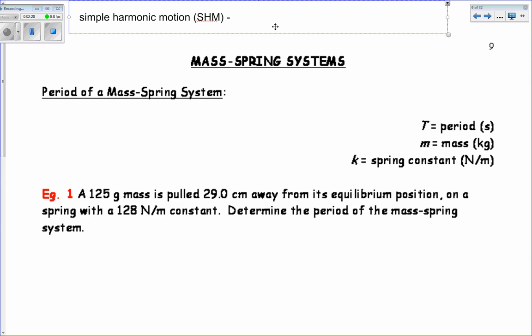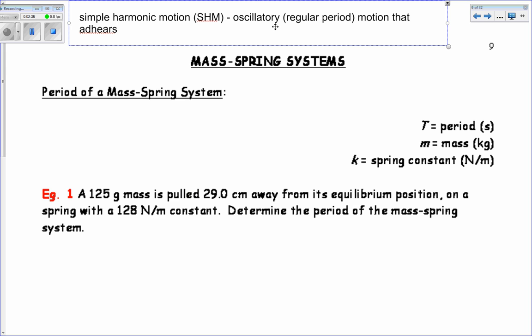It is oscillatory motion, and oscillatory means it has a regular period. So it's oscillatory motion that adheres to Hooke's law.